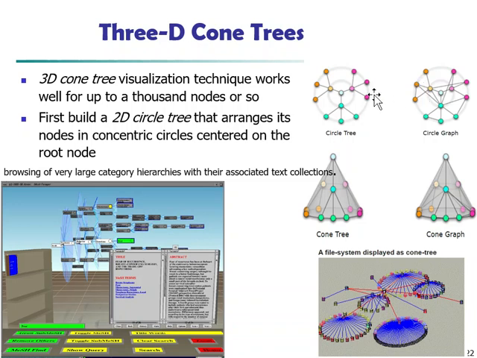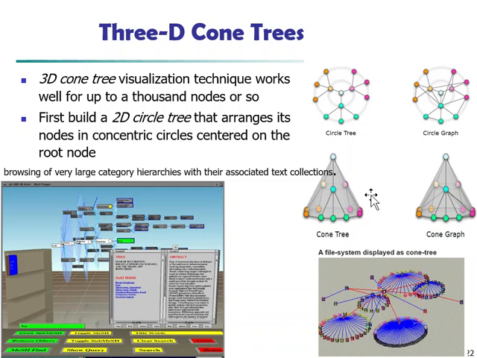Anyway, the limitation of a 2D tree is that you can only plot this number of nodes, right? If you take the central part and lift it up, you will get a cone tree that can fit a lot more data points into it, thousands.